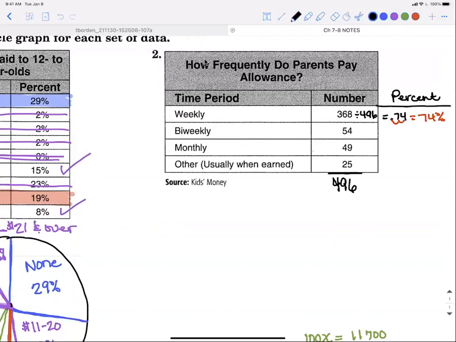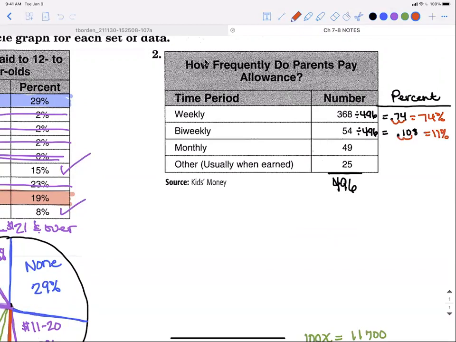I can do that again for this one, divide by 496: 54 divided by 496, and I get 0.108. When I bounce, I get 10.8%. Let's round that to 11%.